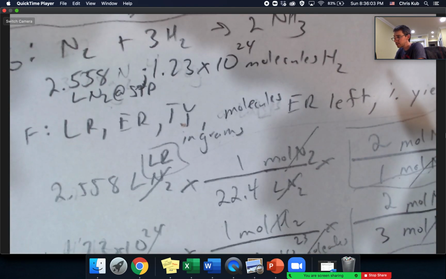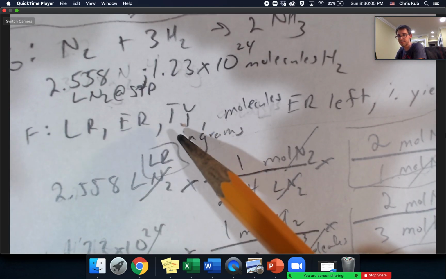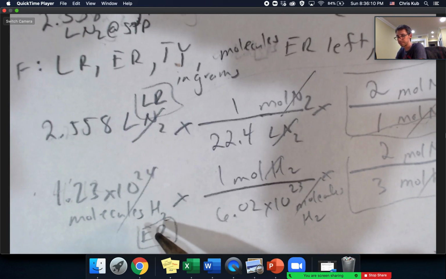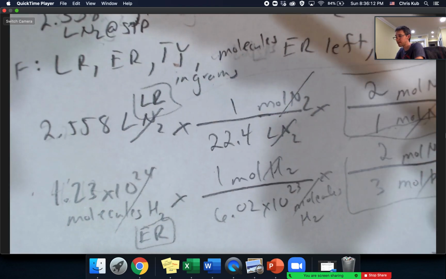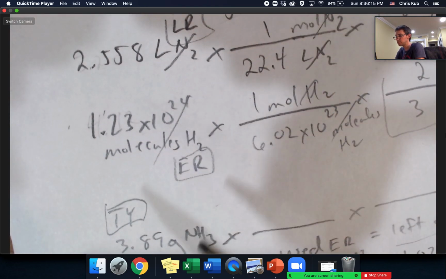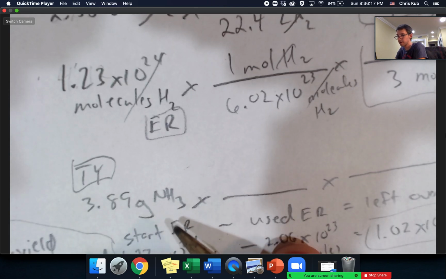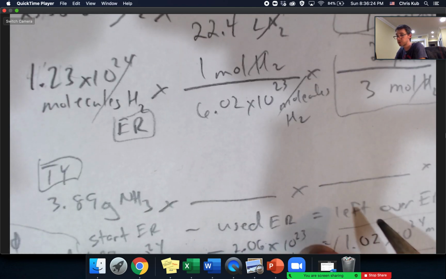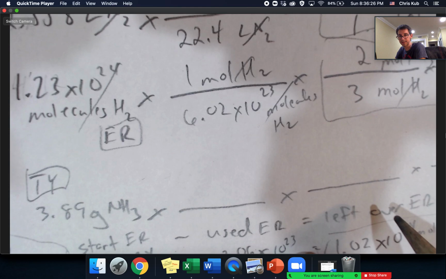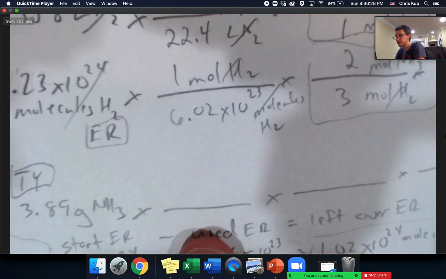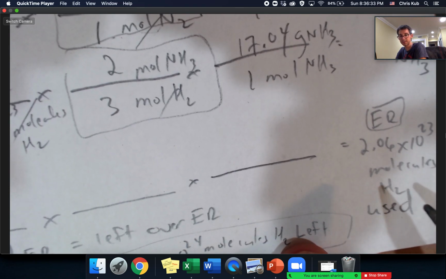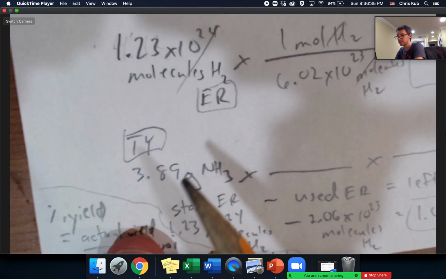Okay, so now we've determined limiting reactant, excess reactant, theoretical yield. Let's determine how many molecules of this excess reactant will be left over. So to do that, you want to use this equation. The amount of that excess reactant that you start with minus the amount that is used to make the theoretical yield should be the amount of that excess reactant left over. So let's determine how many molecules of H2 would have been used to make that theoretical yield.